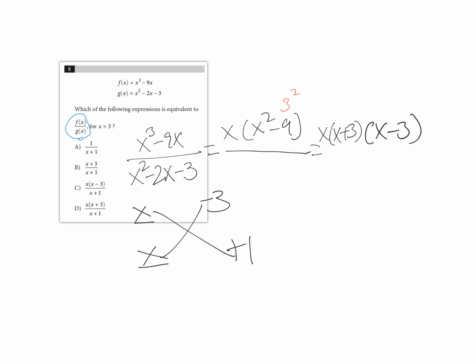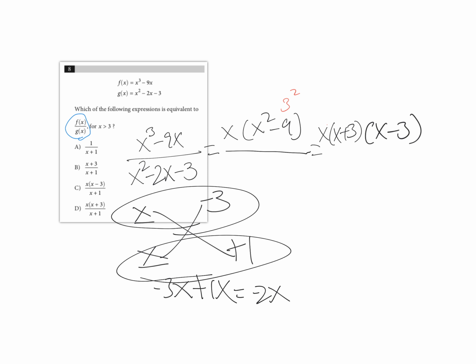Just to double check, -3 times x becomes -3x, and then we have 1 times x, plus 1x, and that's going to equal -2x. So now our factored form is x minus 3 times x plus 1. I'm going to write that over one more time here.